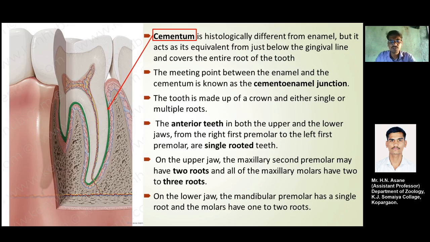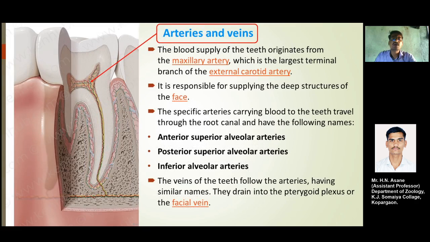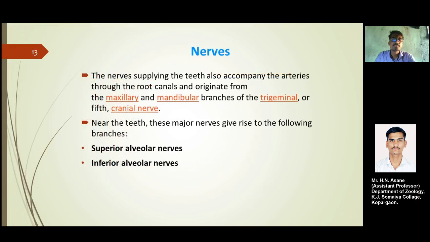We have seen its arteries and vein networks, which are situated in the pulp cavity as well as going through the root canal. We have seen its nerves, the superior alveolar nerves and the inferior alveolar nerves.